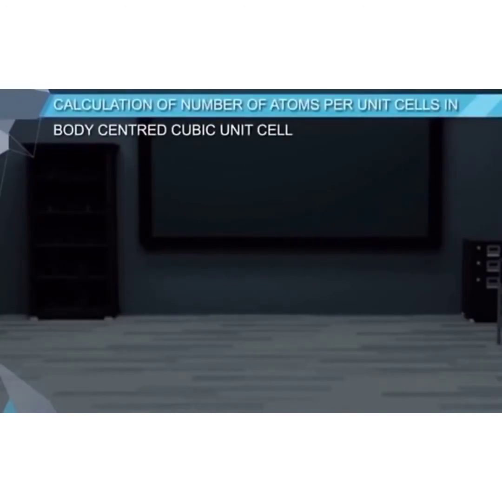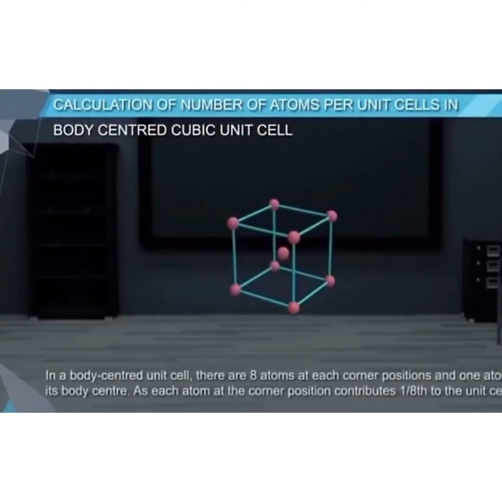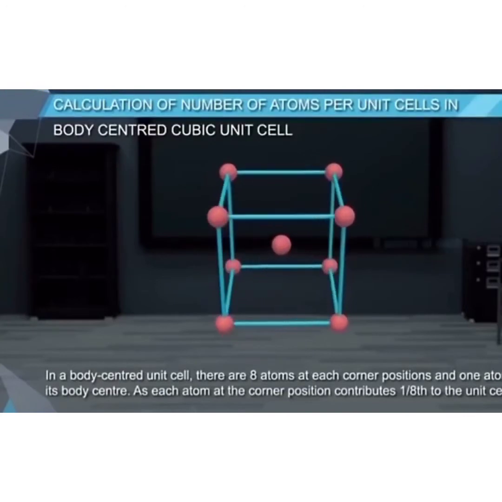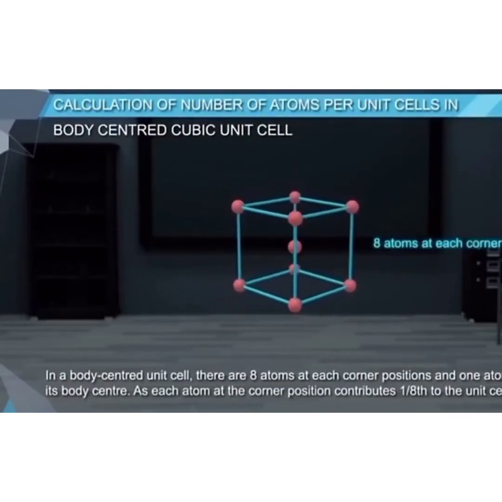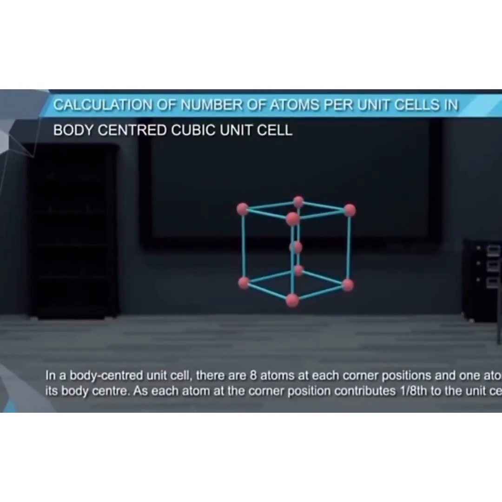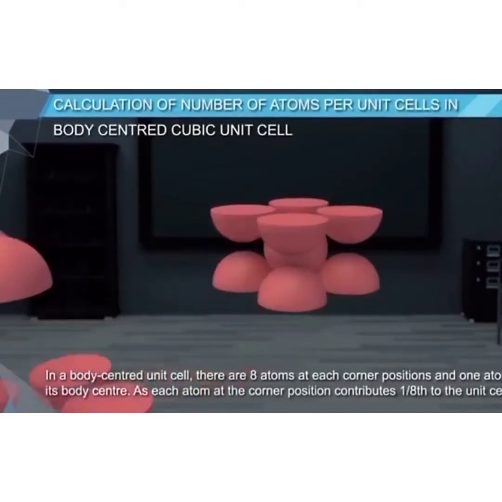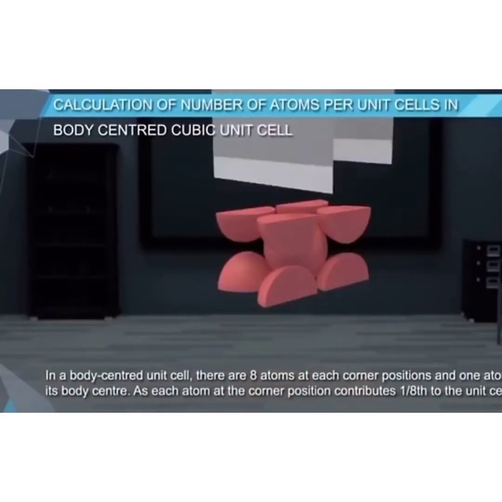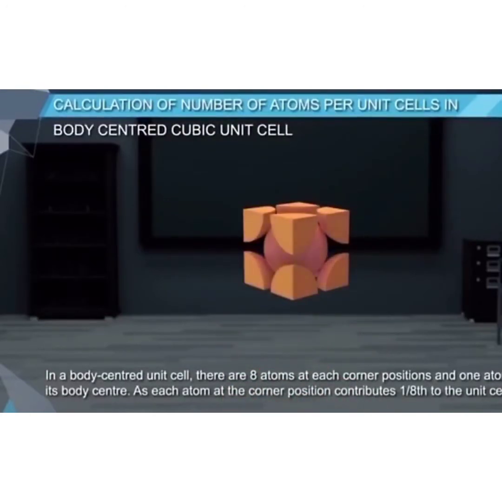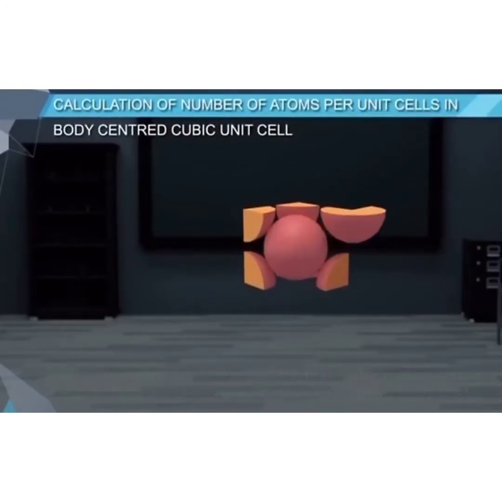In body-centered cubic unit cell, an atom is present at each of its corners. There are 8 corner atoms. Each corner atom contributes 1/8 atom to the unit cell.